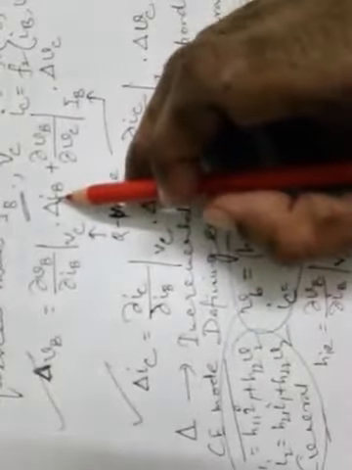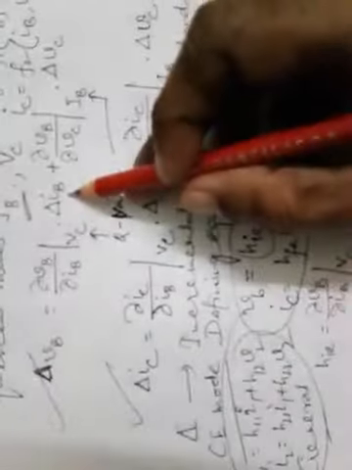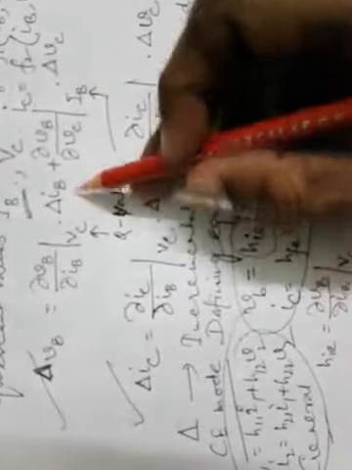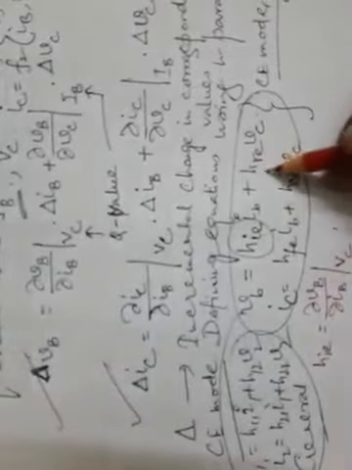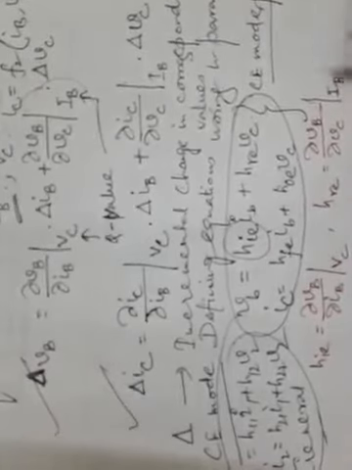This will not be there because this IB will be indicating the instantaneous IB, that is the absolute change in IB. Then we should compare this term with this whole term, where Vc will be nothing but indicating delta Vc. So HRE will be only this partial derivative term. So HRE should be equal to del VB divided by del Vc when IB is constant. Very simple. That means IB is at Q value.